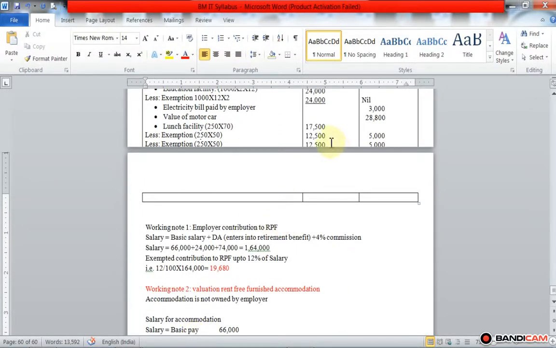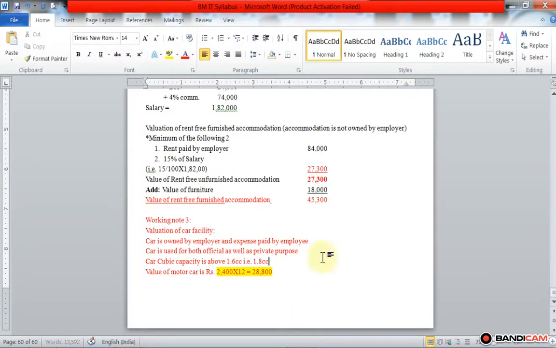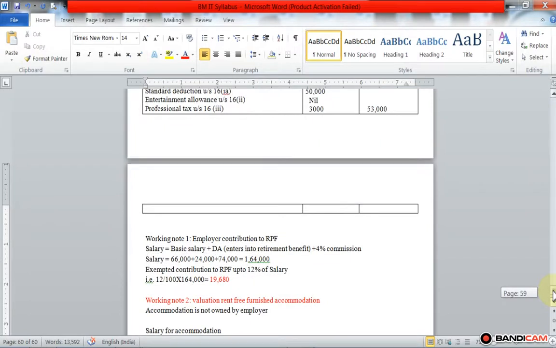So here, deduct the total, that is 52,500, and the total income is 2,45,600, which is the total taxable income from salary. Here we get the total taxable income from salary.